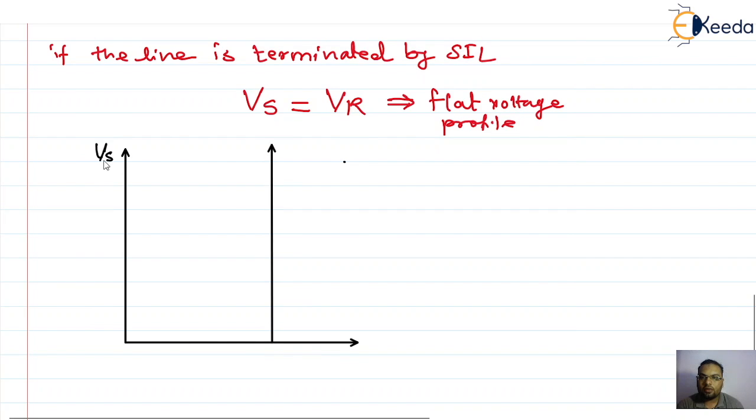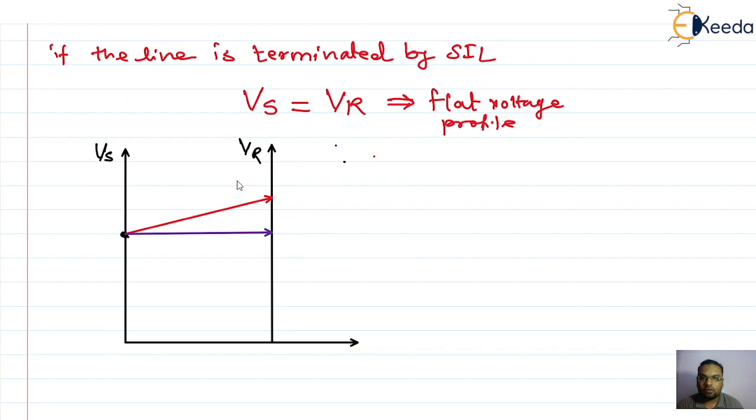Let's say on this side we have VS and on this side we have VR. For the no load condition, for an uncompensated line, we will get voltage in this fashion. For surge impedance loading, we will get a flat voltage, or we can say that the sending end voltage is equal to the receiving end voltage.